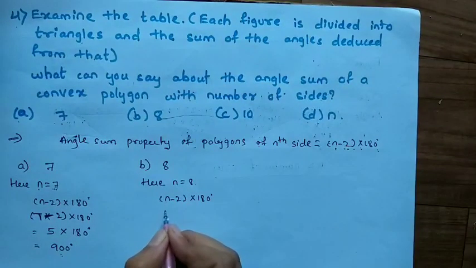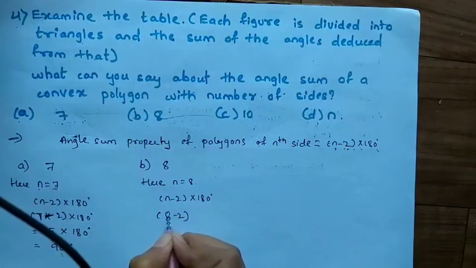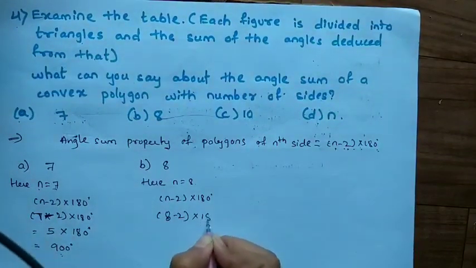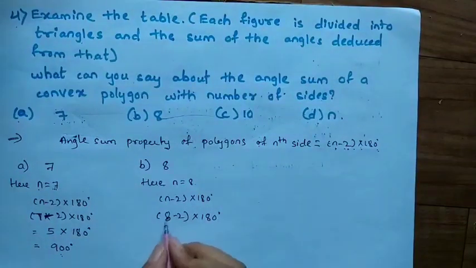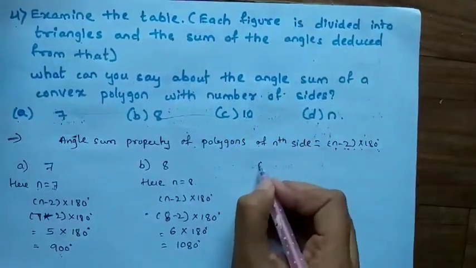So replace n with 8: (8 minus 2) into 180 degrees. 8 minus 2 is 6. 6 into 180 degrees is 1080 degrees. This is the solution for question C.